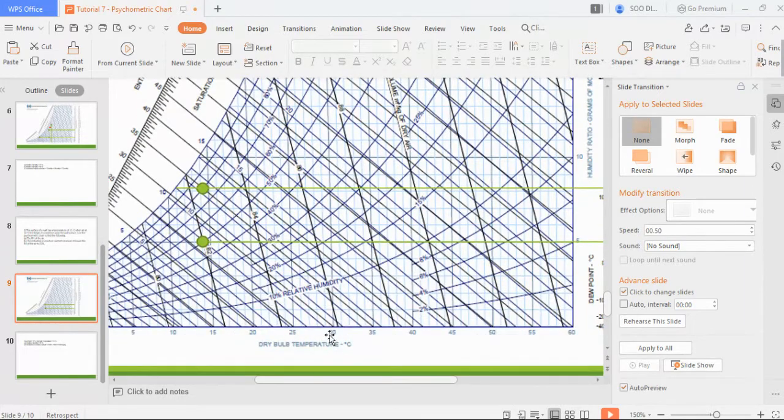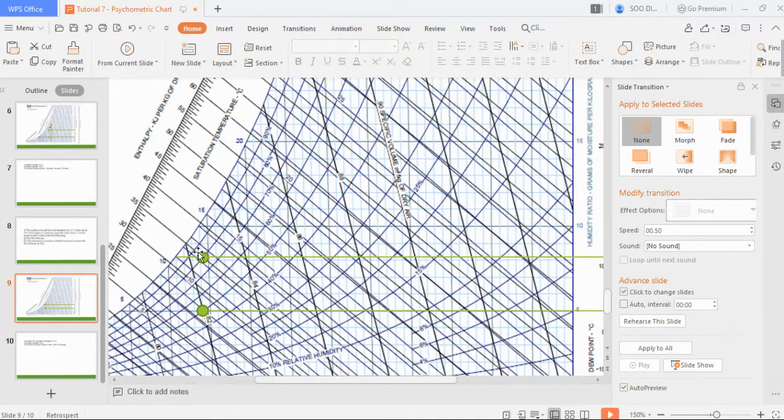You know that from the scale, at 14 degrees Celsius on the dry bulb, you just draw a line up. For your dew point, you know that it is 11 degrees, so you have to draw a line straight horizontally this way. So the 14 degrees Celsius dry bulb intersects with this 11 degrees Celsius.